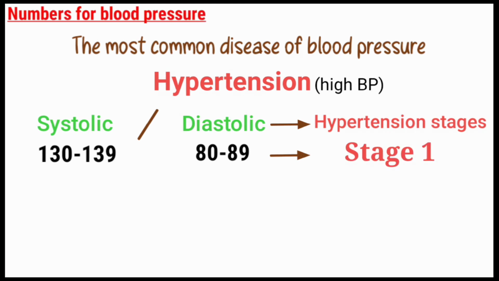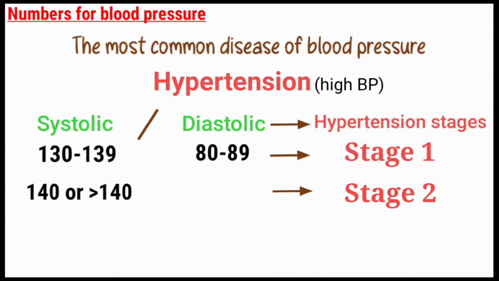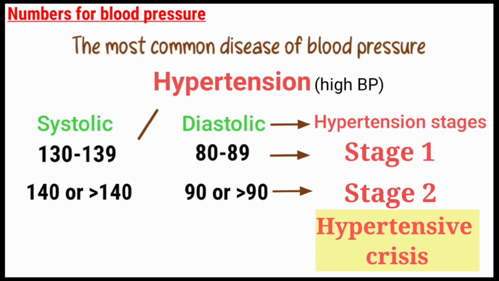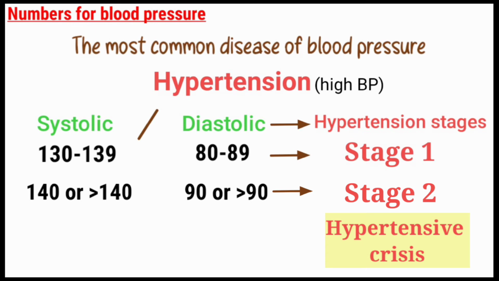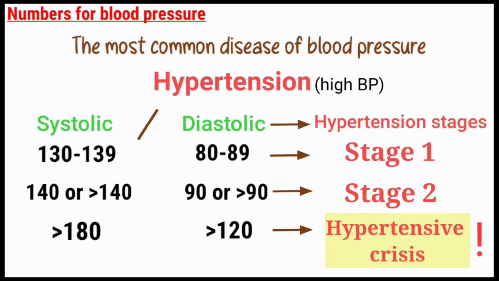Whereas in stage 2 hypertension, you will have a systolic pressure of 140 or higher and a diastolic pressure of 90 or higher. And there is a last stage called hypertensive crisis, where levels are a whopping higher than 180/120. As such, you should seek immediate help.